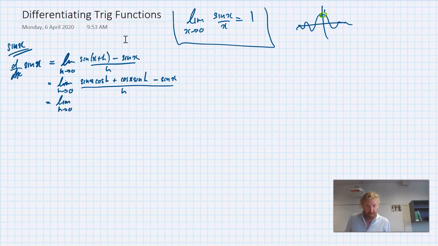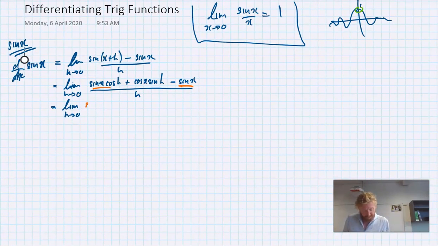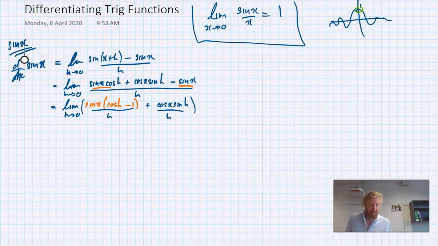I'm going to take this guy here and this guy here and factorize out that sine x. I'll zoom in a wee bit for you. I factorize that sine x, and I get sine x outside of cos h minus 1. And then this other term just stays there, cos x sine h. And we can split it actually, that on h plus that on h.